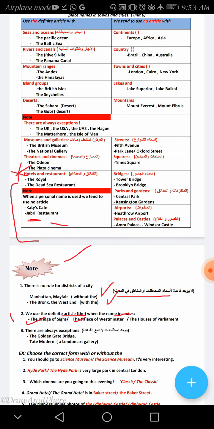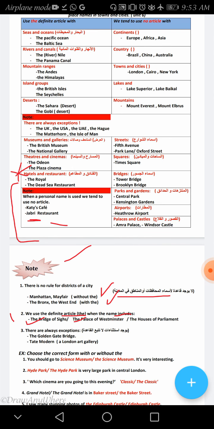3, there are always exceptions. كمان في عندي استثناءات لأي قاعدة. For example we said the Golden Gate Bridge, رغم إنها bridge and we said that in bridges we don't use the, but this is an exception, هاد استثناء.